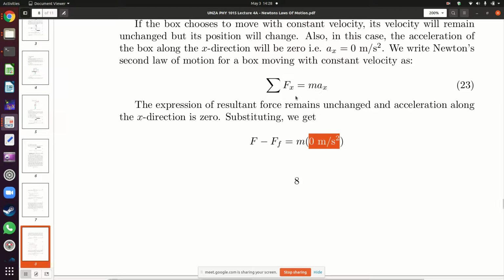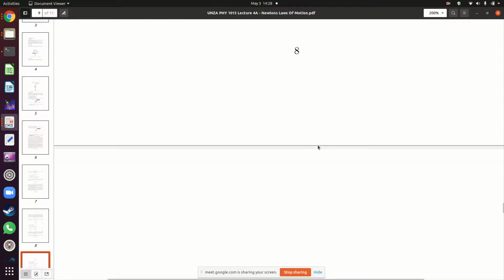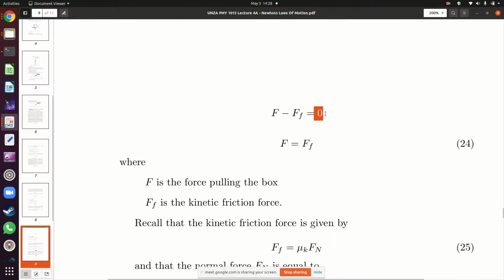In this case, as much as the acceleration is equal to 0, our box is actually moving, but it is moving with constant velocity. So when you multiply the mass by 0, we end up with 0 on this side. So we end up having F, the pulling force, minus the friction force is equal to 0.